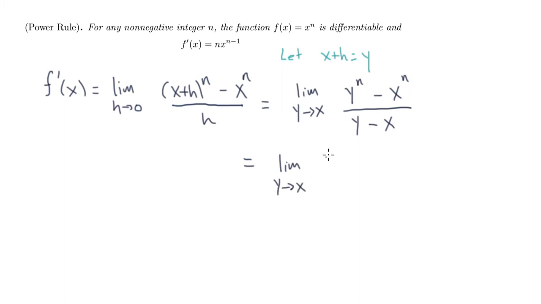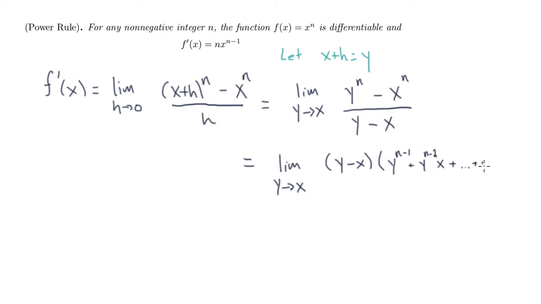So what we can do is factor the numerator as follows. We're going to have y to the n minus 1 plus y to the n minus 2 times x, and then plus etc. You see the powers of y are going down 1, while the powers of x are going up 1.